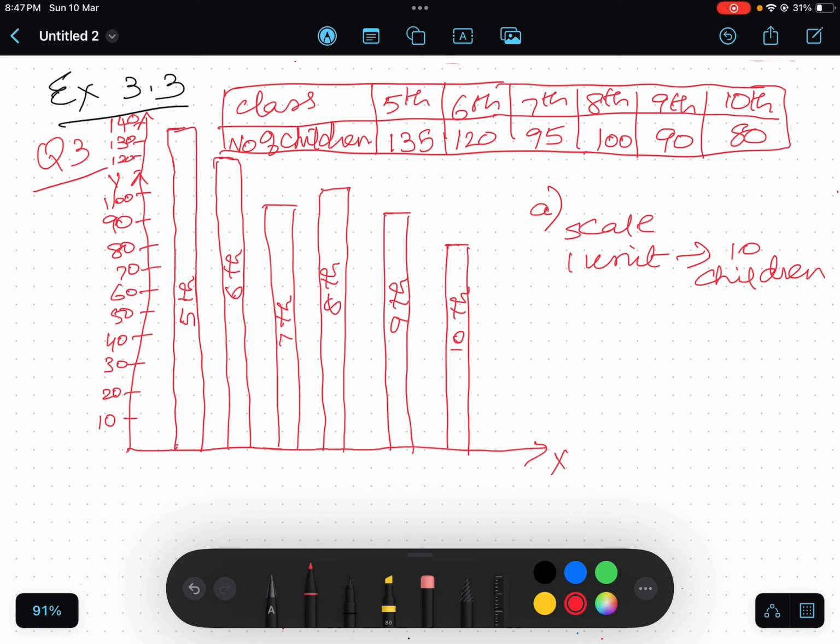So you have to write the scale in the graph paper also. 1 unit is 10 children. And for the x-axis you don't have to write any scale.